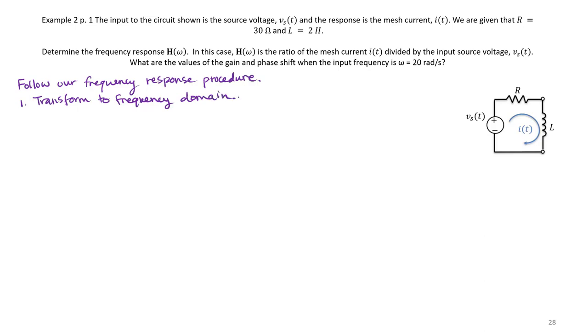And so to do this, we go ahead and draw our circuit and apply the box trick. And in this case, we have our source Vs. We have our resistor R, which is 30 ohms.